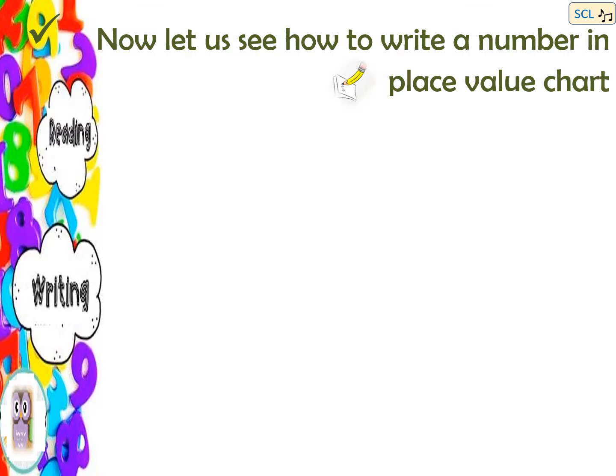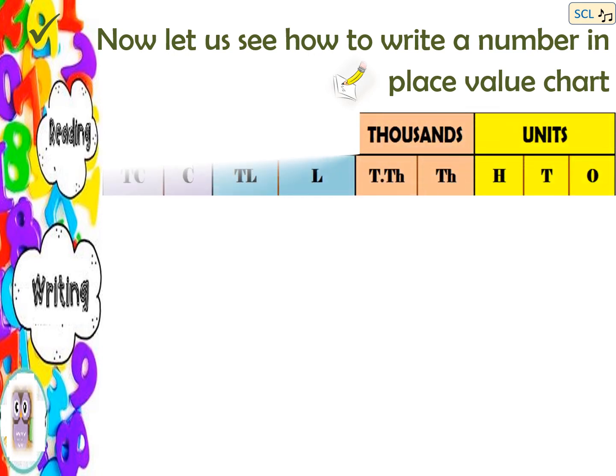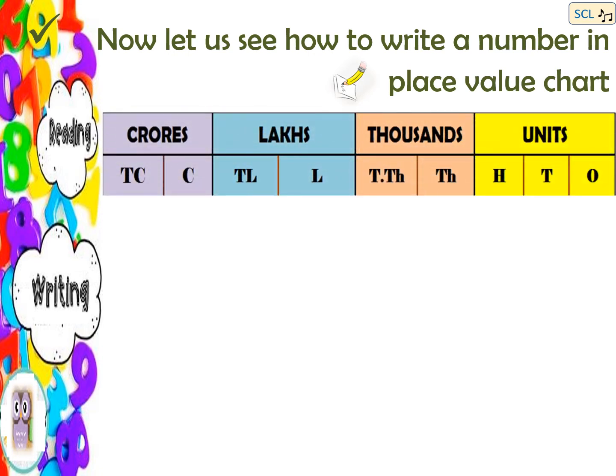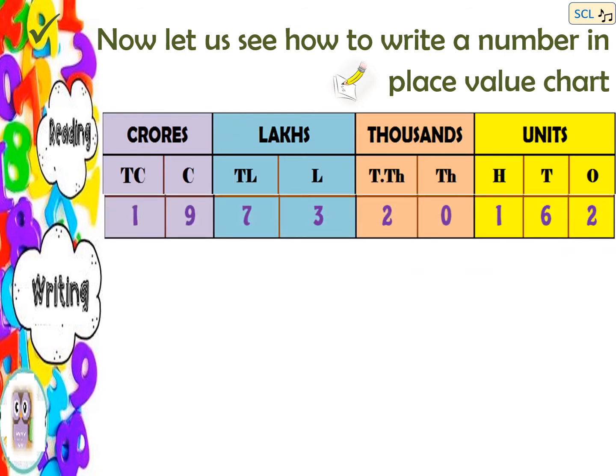Now let us see how to write the number in the place value chart and how to read it. Taking the same number, 197320162, we will put it in the place value chart like this. One digit in one column. We have to start from the ones place.